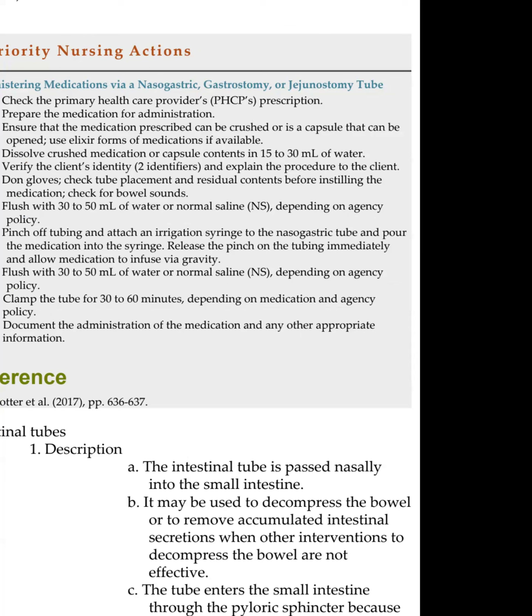Right? Let the 30 ml medication water go by gravity. Flush again with 30 ml. Clamp the tube for 30 to 60 minutes, depending on the medication and agency policy. Document the administration of the medication and any appropriate information.